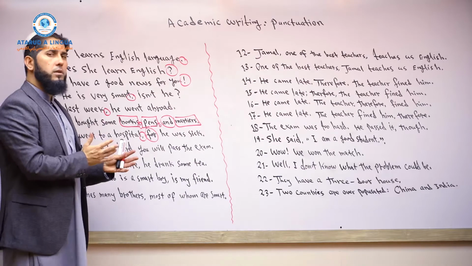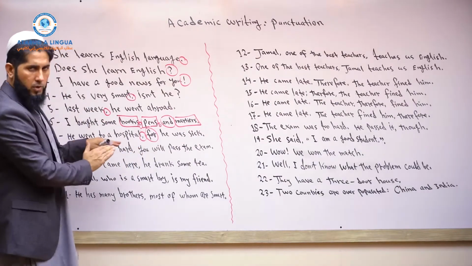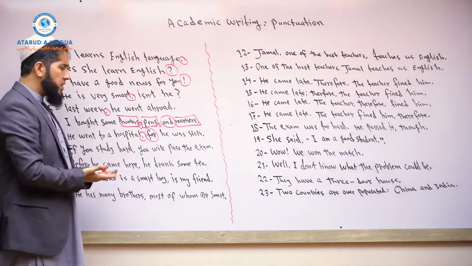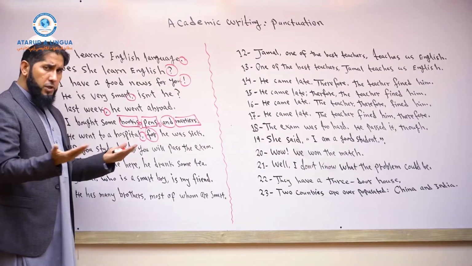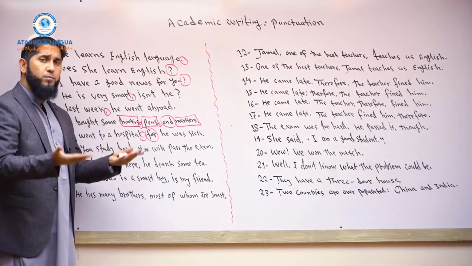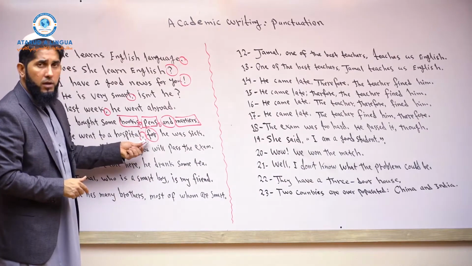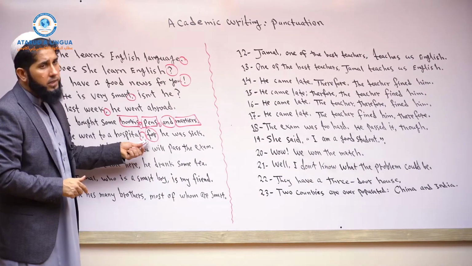Again, you need a comma before the first part of your paired conjunction. I hope you got this point, okay? And there's one exceptional case. If the two sentences that you're trying to combine with these fanboys conjunctions are well balanced and they're very short, in that case, this comma might not be used.